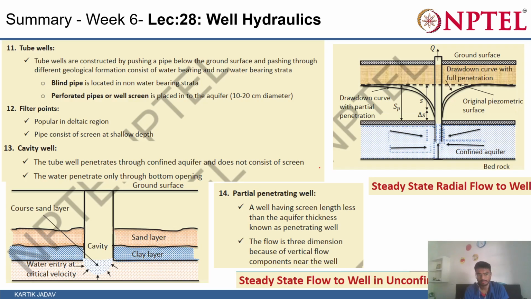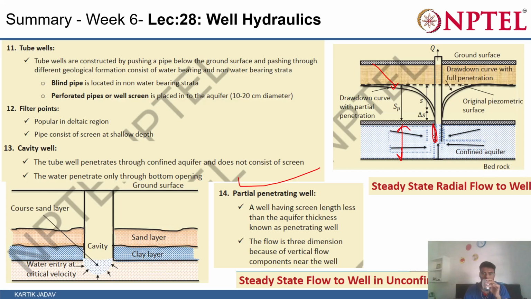Then we define partial penetrating well. So whenever you are not tapping it fully, like it's shown here. So aquifer thickness is B, but your tapping depth is only half of your thickness.